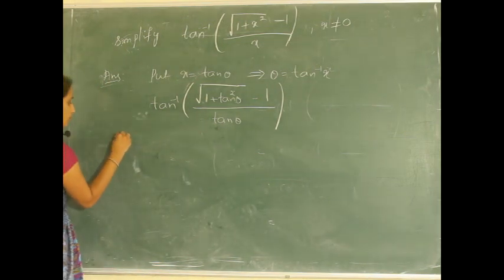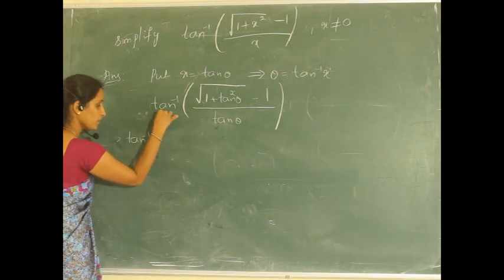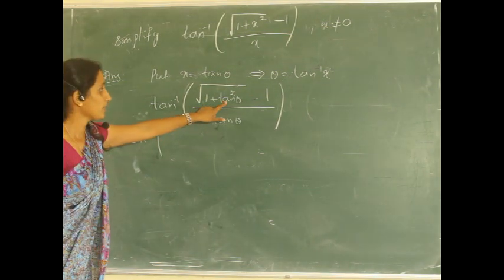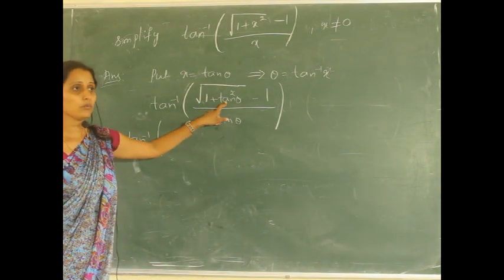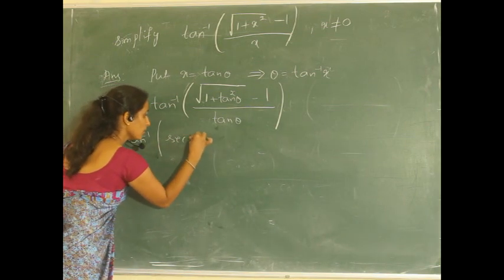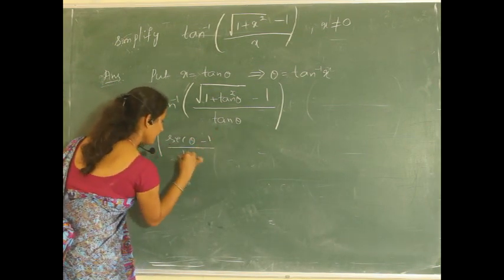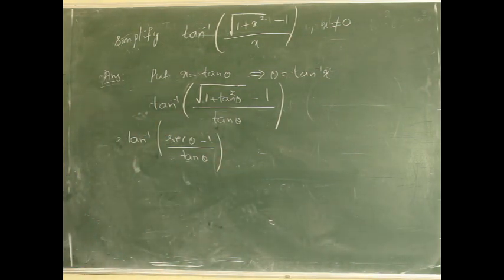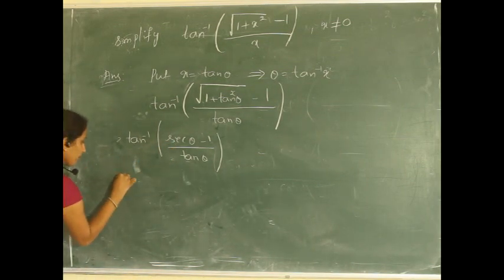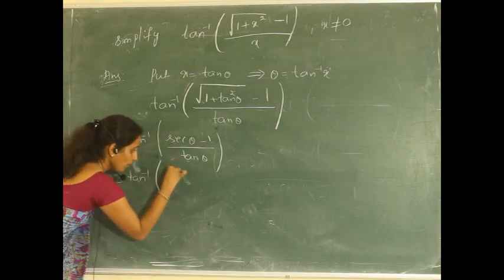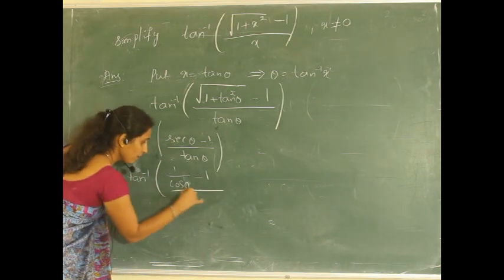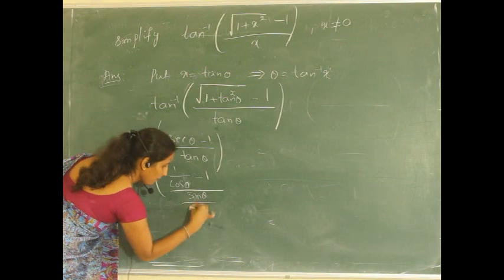So this will be equal to tan inverse of, 1 plus tan square theta is secant square theta, and the square root of secant square theta will be secant theta, minus 1 divided by tan theta. So we are getting tan inverse of secant theta minus 1 divided by tan theta. So what I'll do is write secant theta as 1 by cos theta: 1 by cos theta minus 1 divided by sin theta by cos theta.